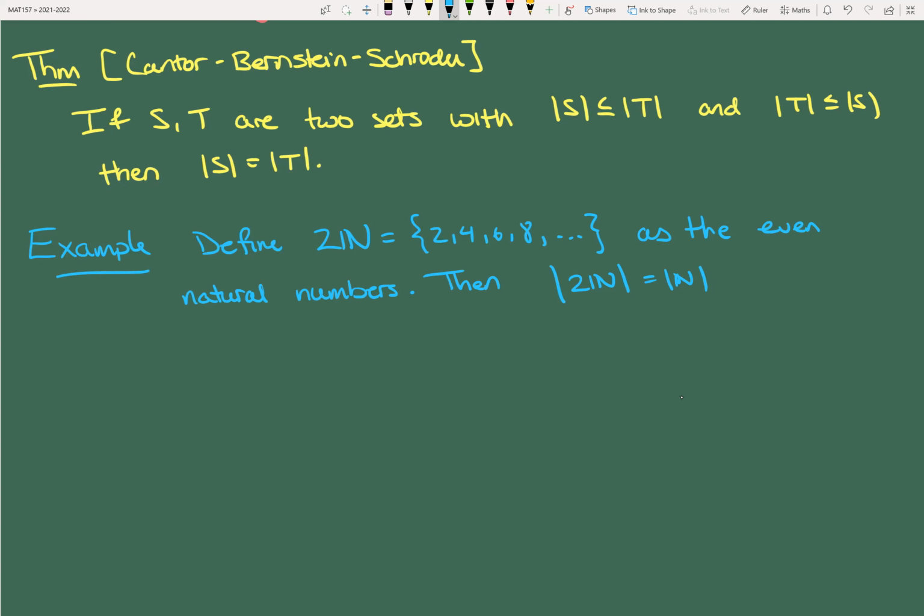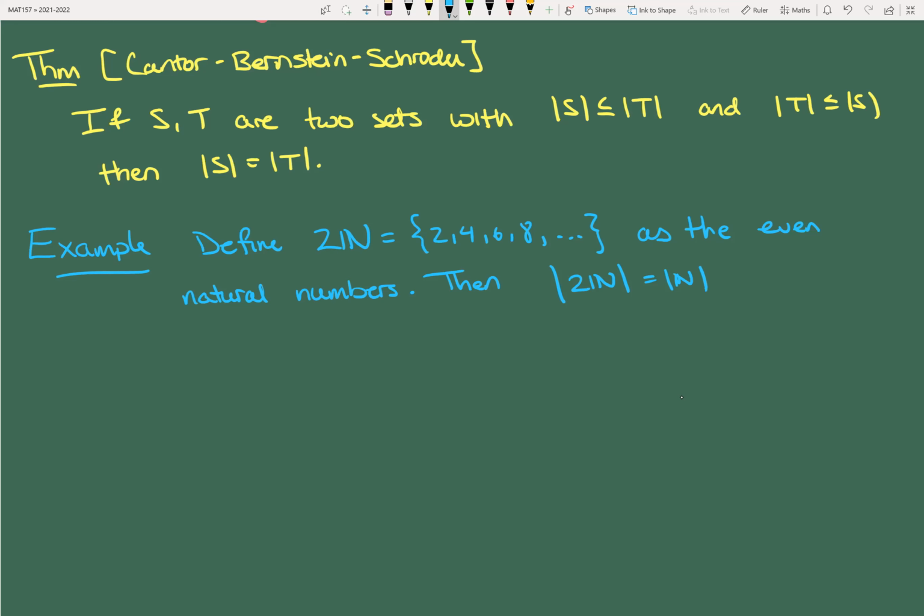All right, so weird things happen with infinite sets. The even naturals are the same size as the naturals. Right? And your first instinct to this is, no, wait a second. The even naturals are a strict subset, right? Like there are fewer even naturals than there are natural numbers. No, there are exactly the same amount.